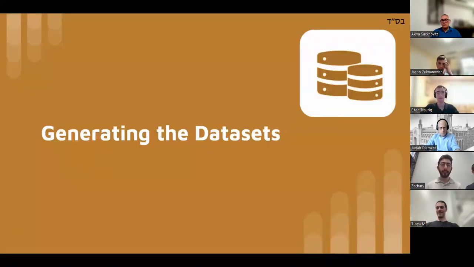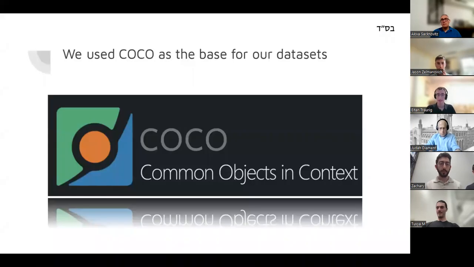Okay, generating the data sets. Our images came from the COCO data set. COCO is a collection of images with labels. That means that for each image, it has a bounding box around the objects inside of it and a label of what object is in that bounding box. We chose COCO for a few reasons.